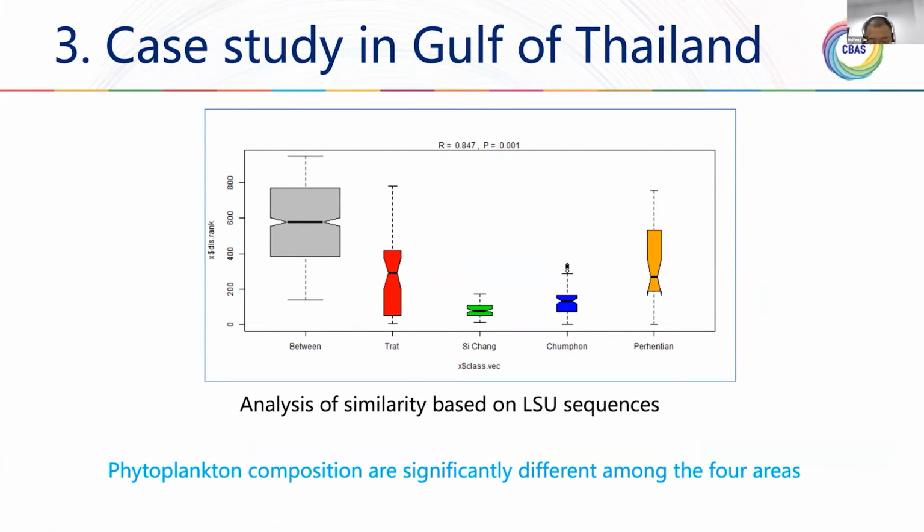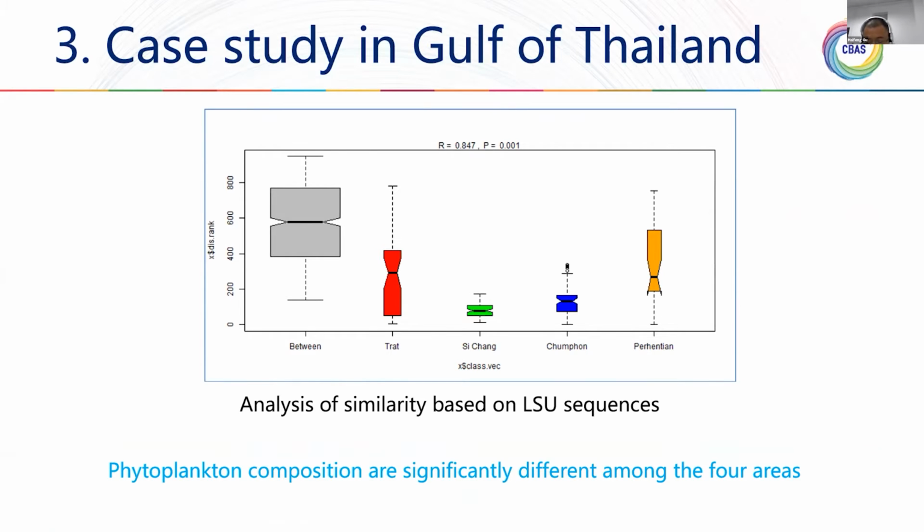So according to the analysis of similarity based on the LSU sequence, we can conclude that the phytoplankton composition is significantly different among the 4 areas, as the p-value is only 0.001, suggesting the results are reliable.